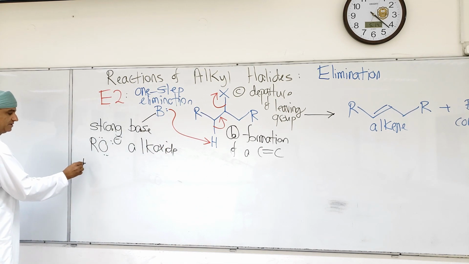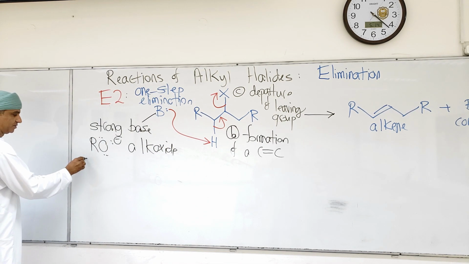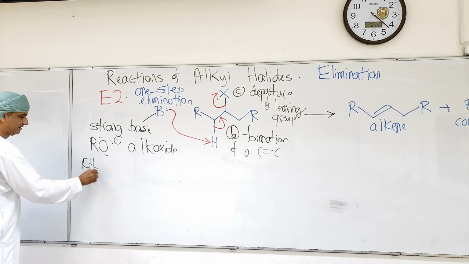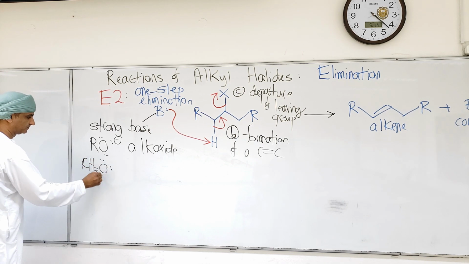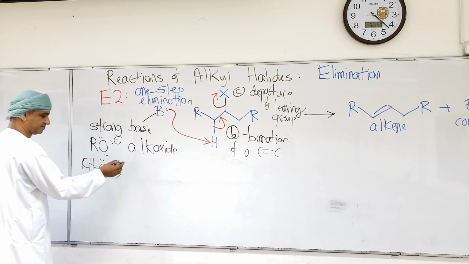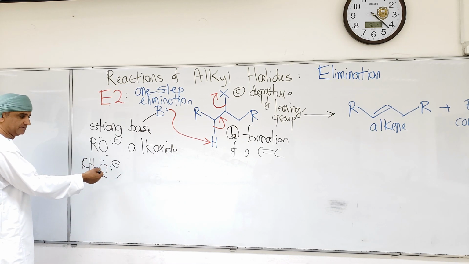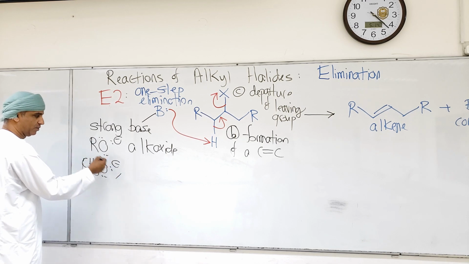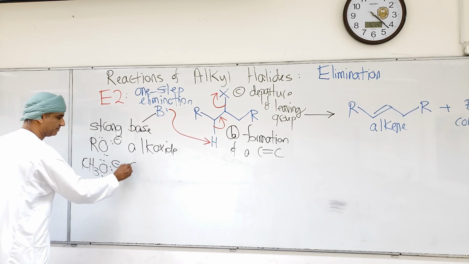Examples of alkoxide would be sodium methoxide, or methoxide ion. It could be sodium, it could be potassium, so the methoxide ion, where R is CH3 or a methyl group.